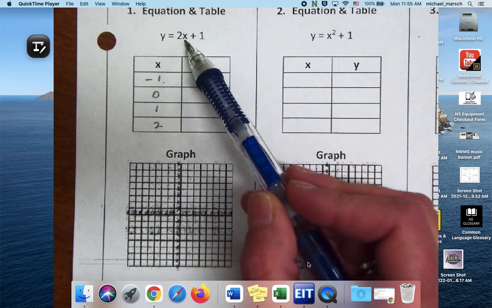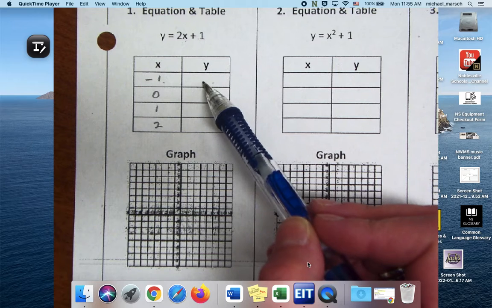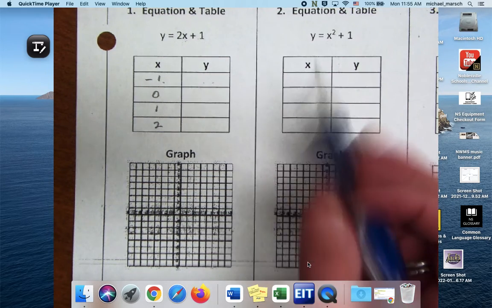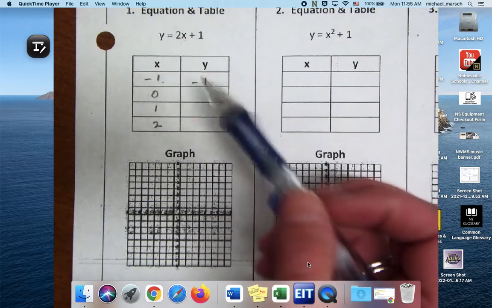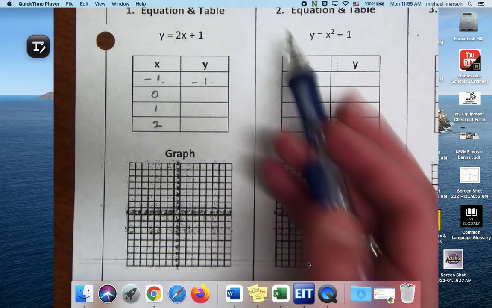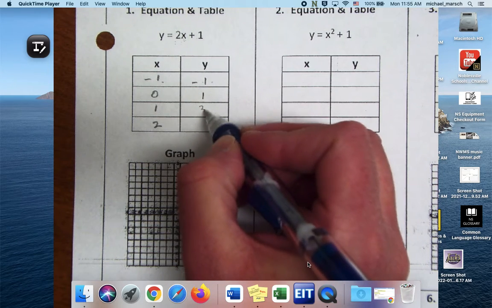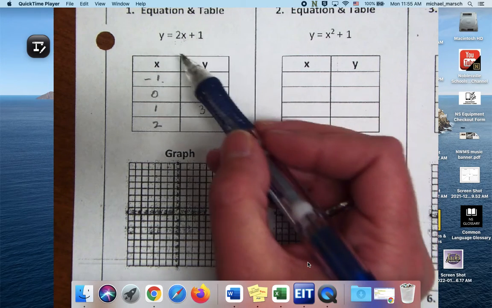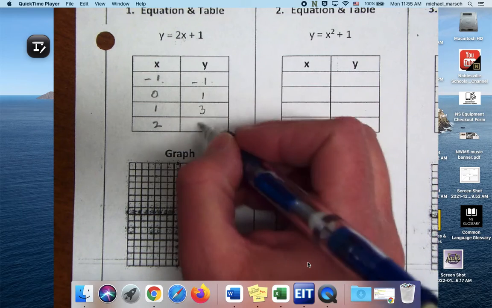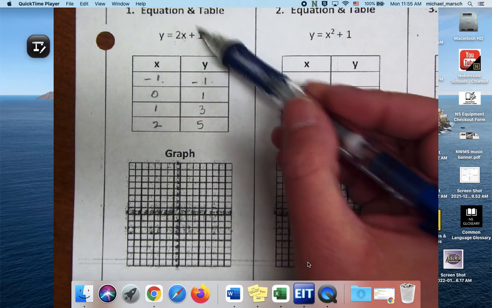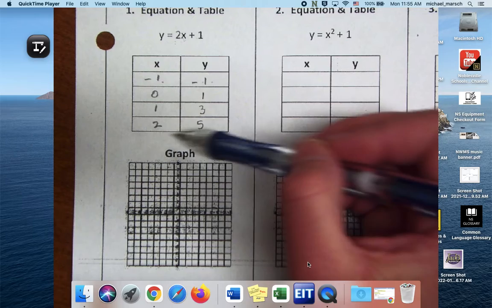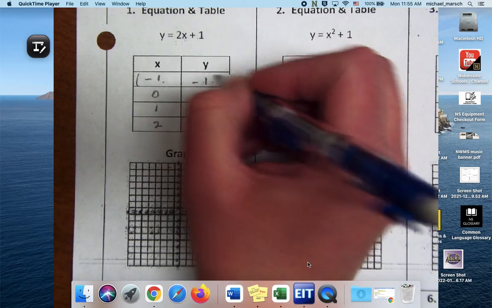So 2 times -1 plus 1 is going to give me -1. 2 times 0 plus 1, 2 times 1 plus 1, 3. 2 times 2 plus 1. So we took the equation, we made a table to get some ordered pairs.